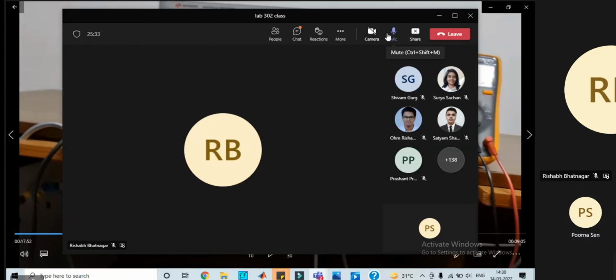Also note down the output current in the previous table.